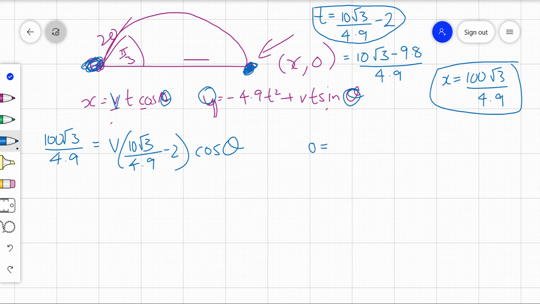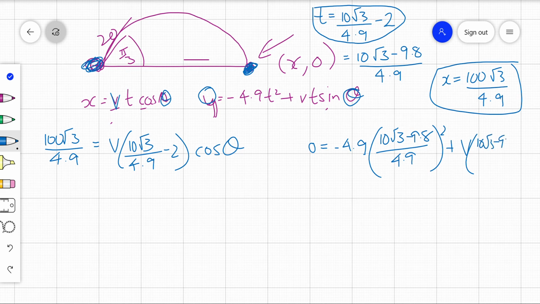I won't rearrange too much at the moment. So I've got 4.9, that t value all squared, I don't know my initial velocity, I've got my t value, and times sine theta.